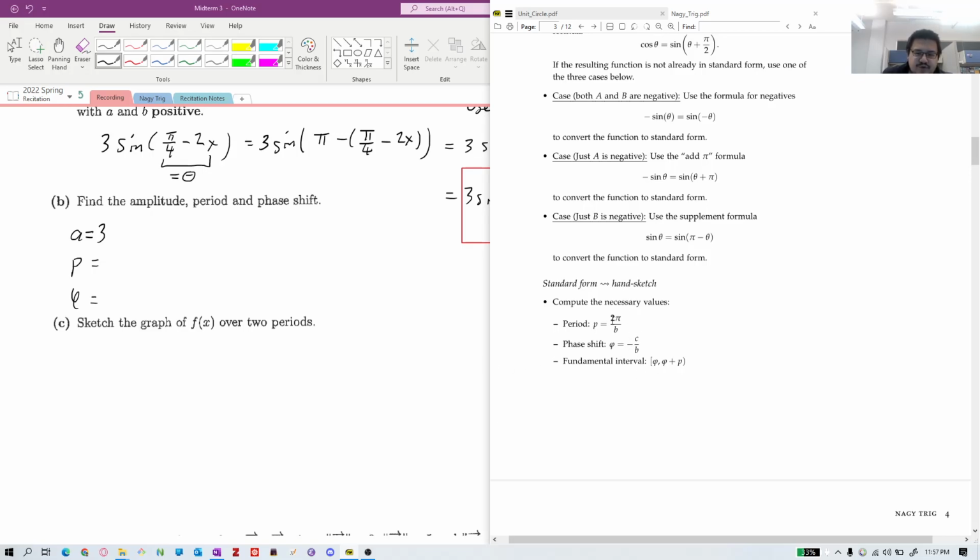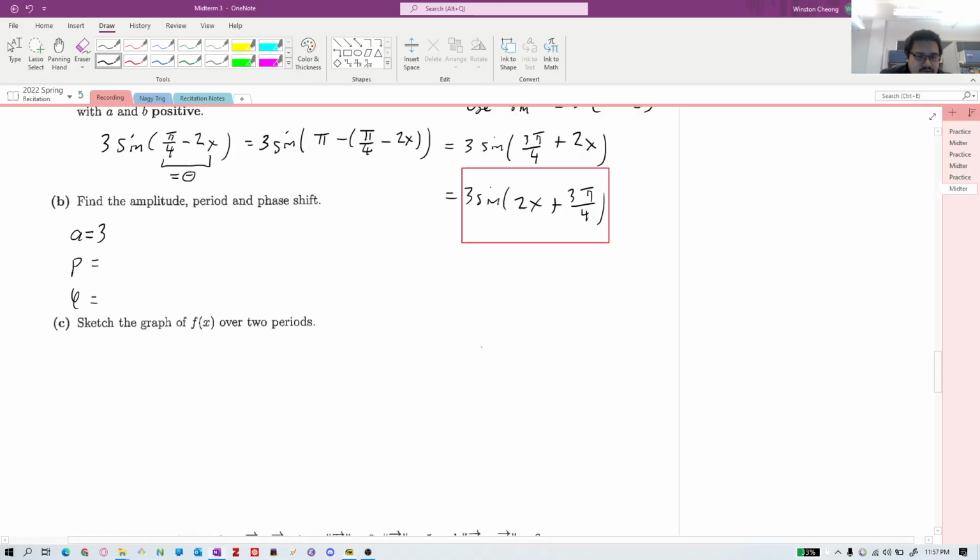Period is 2 pi over b, and phase shift is minus c over b. And b is the 2. So we get 2 pi over 2, which gives me pi. And then the phase shift minus c over b gives me minus 3 pi over 4, all over the b, which is 2.